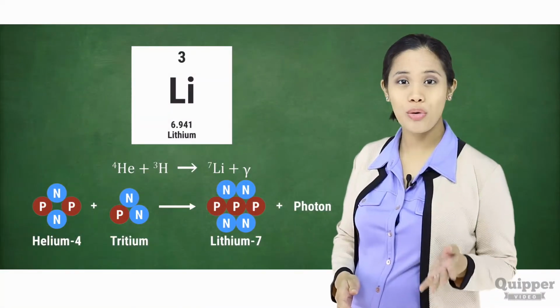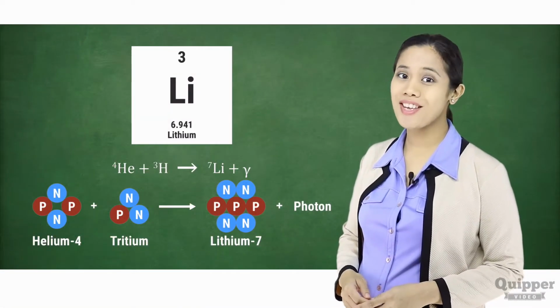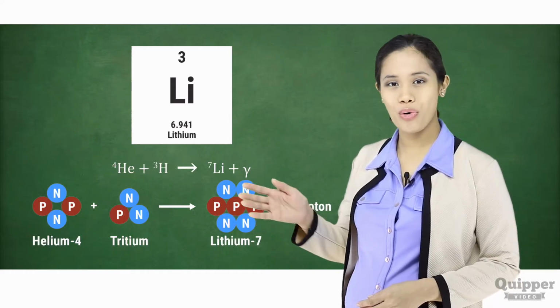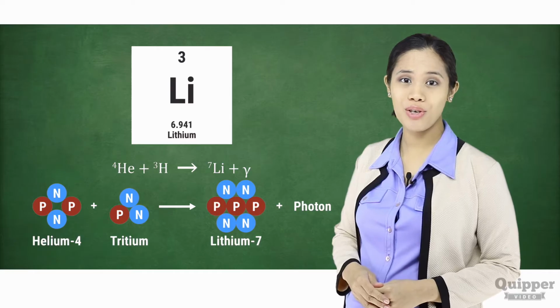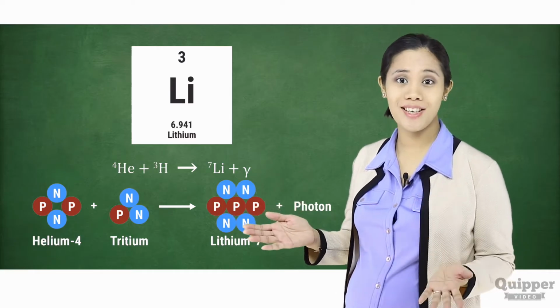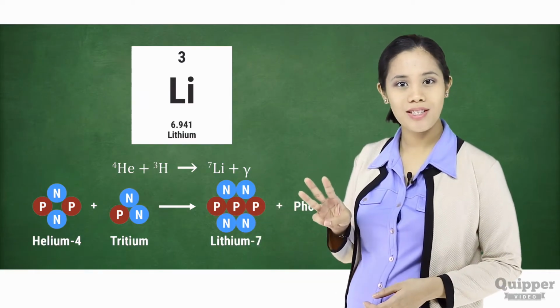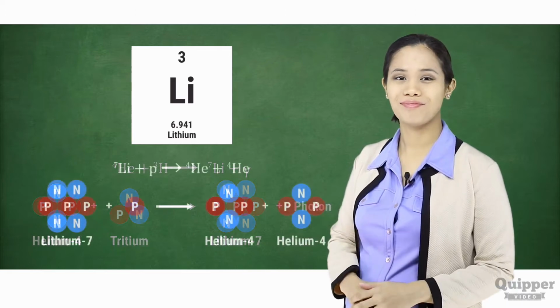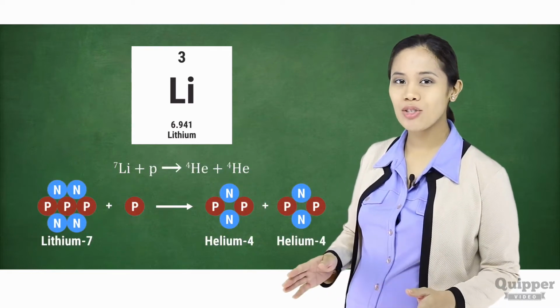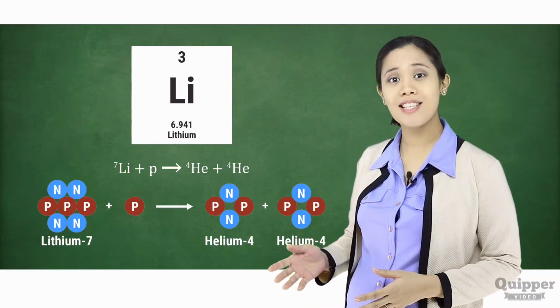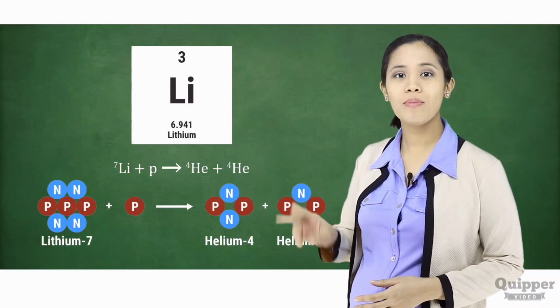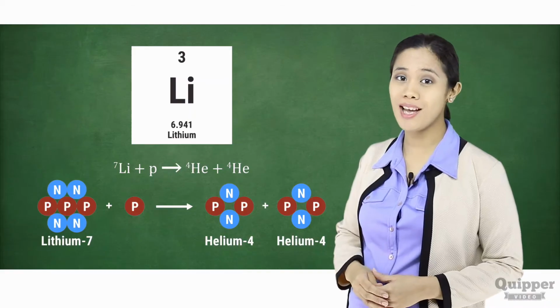After the formation of helium, the nuclei of the next element, lithium, were formed. Lithium-7 was produced from the nuclear fusion of helium-4 and tritium. It has 3 protons and 4 neutrons. Lithium-7 was actually unstable, so right after its formation, it decayed spontaneously to form 2 stable helium nuclei.